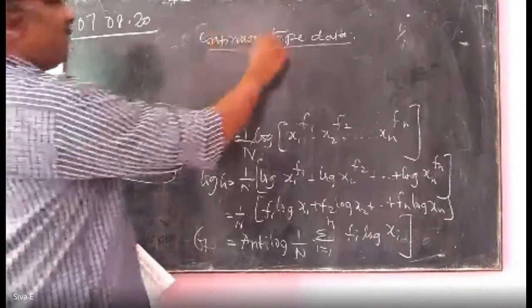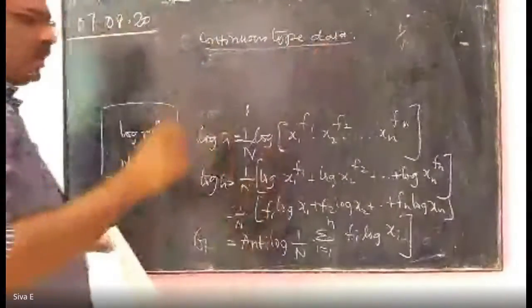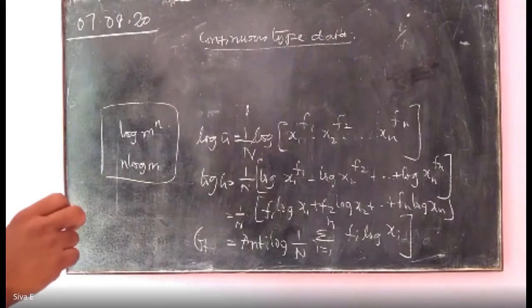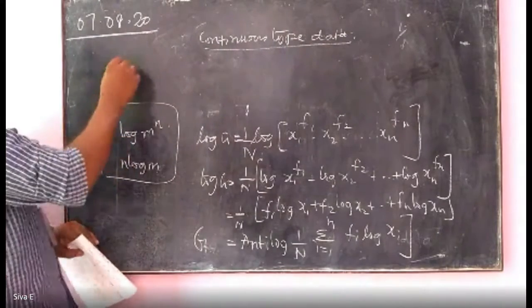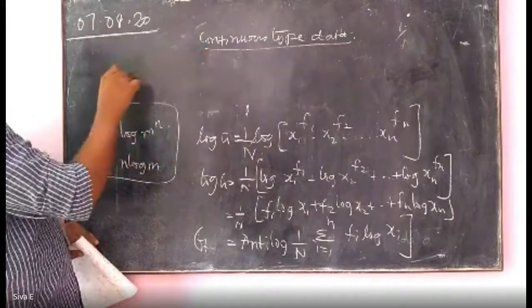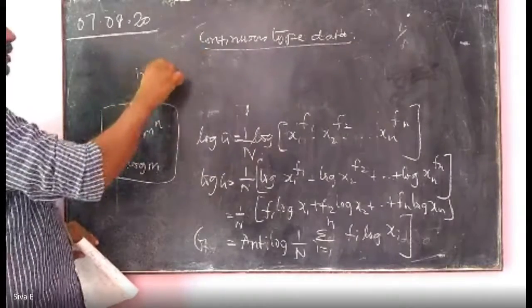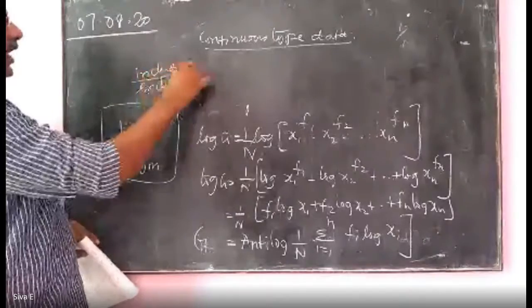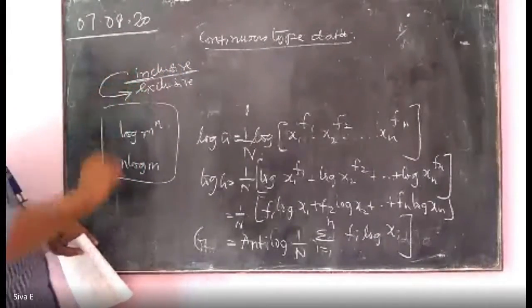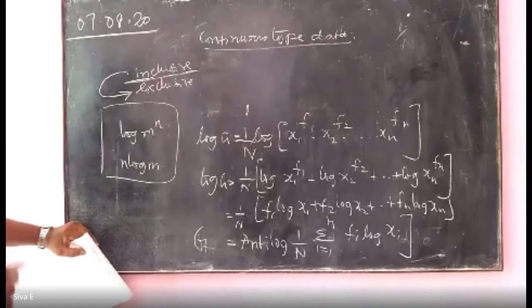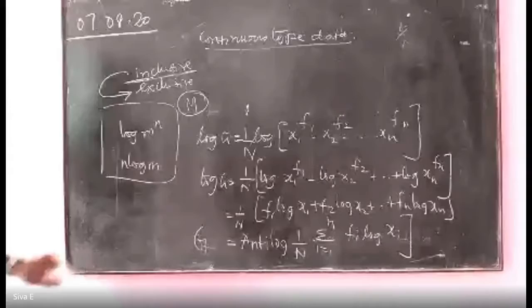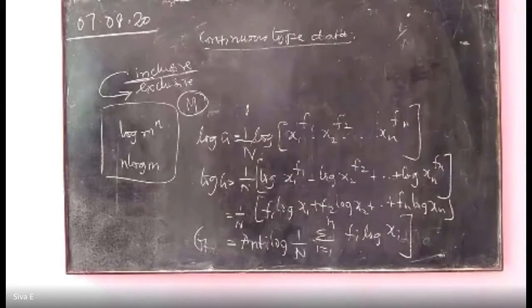For the continuous type data, we have to find the middle value. There are two types in the continuous type data: one is inclusive type, one more is exclusive type. In case inclusive type is given, you have to change it into exclusive type. That is one step. Even if exclusive type data is given, you have to compulsorily find the mid value m.